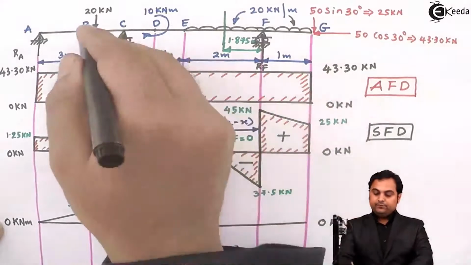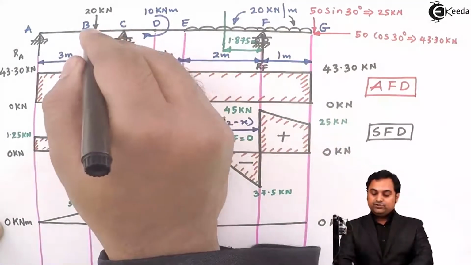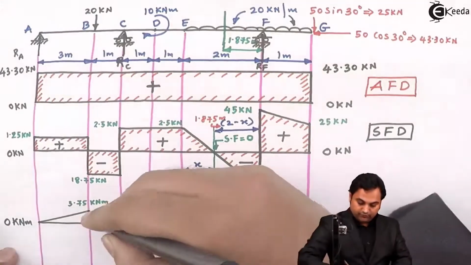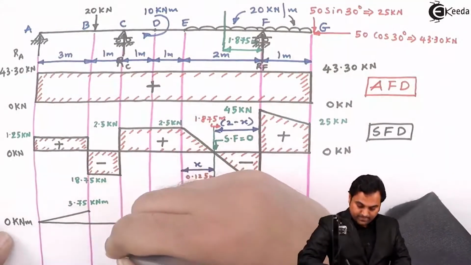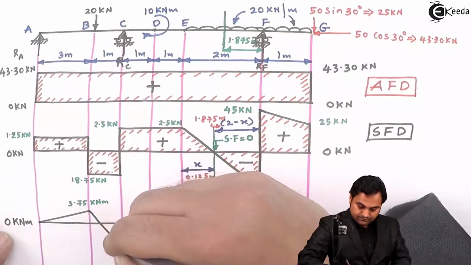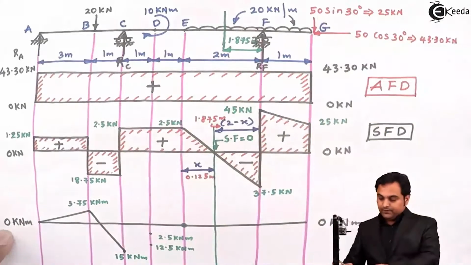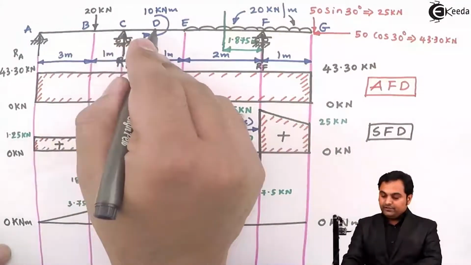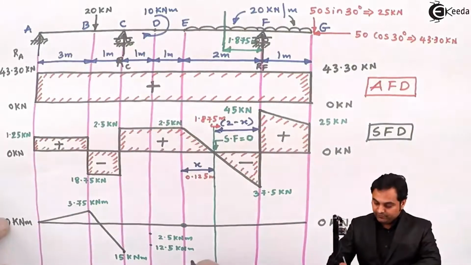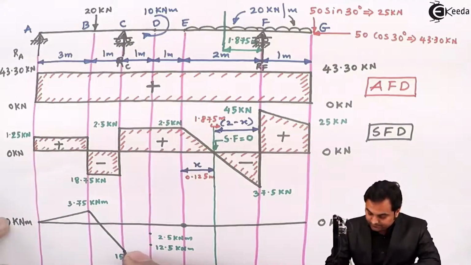Next, from B to C, there is no load, shear force is straight line, bending moment will be inclined line. So from plus 3.75, it will go into minus 15 kilonewton meter. Then from C to D, there is no load, so shear force was a straight line, bending moment will be inclined line.